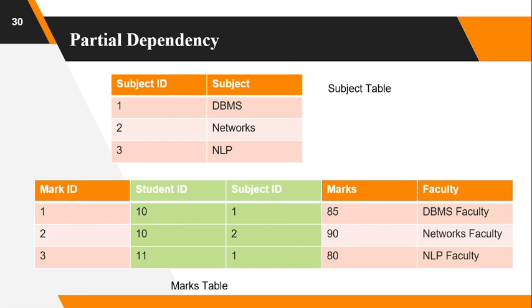Likewise, by having the subject ID alone, I cannot get the name of the student or marks. Together, student ID and subject ID, I can easily identify every record in the table. So in this table, student ID and subject ID together act as the primary key. It is also called a candidate key. It is a minimal key.